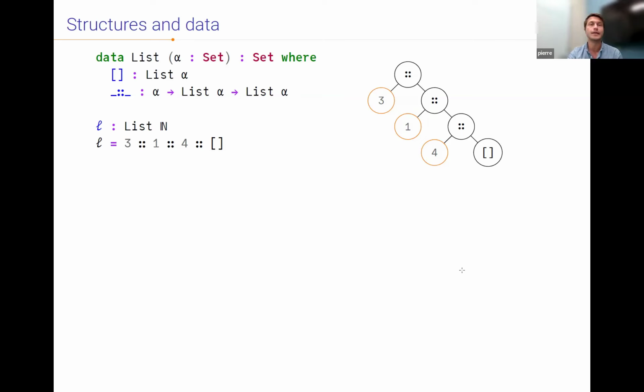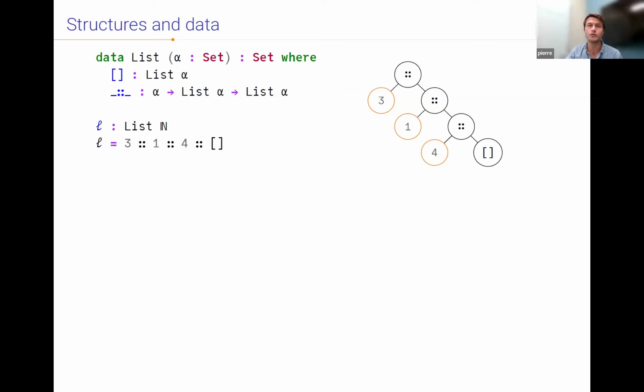And so lists is the archetypal example of what we call ADT, so algebraic data type. The key feature of those types is that they are recursively defined, but to define an instance, we only need to access lists at the same instance. So you see that the cons constructor, so the second one, takes a list of alpha to give you a list of alpha.